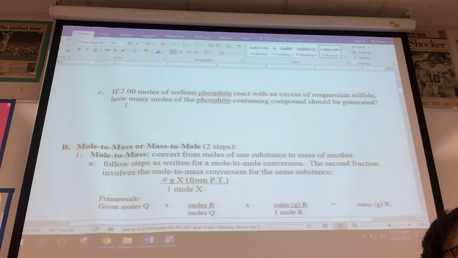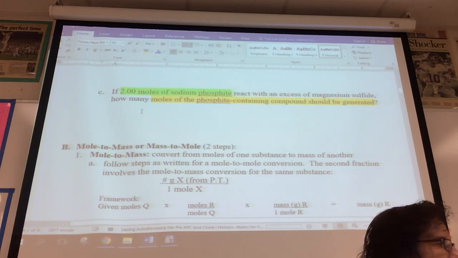What's the given? 2 moles of sodium phosphate. Reacting with an excess of mag sulfide is interesting, but it doesn't configure in our calculation. We want to know moles of phosphate-containing compound that should be generated. Give it a shot.